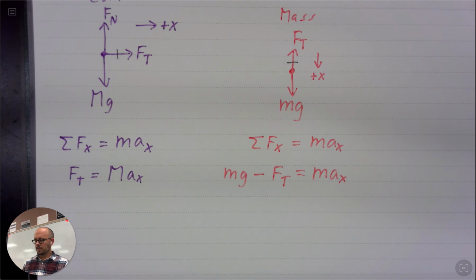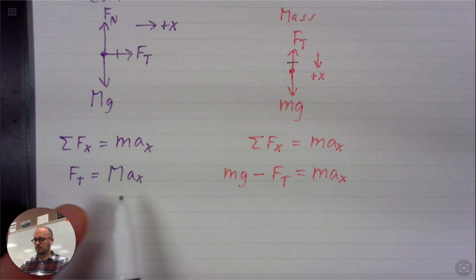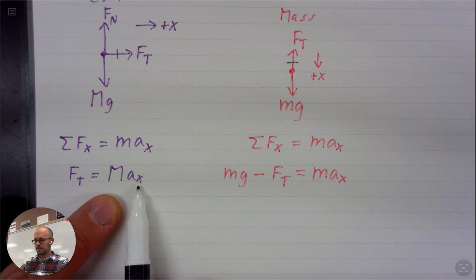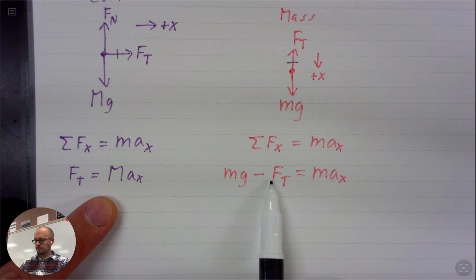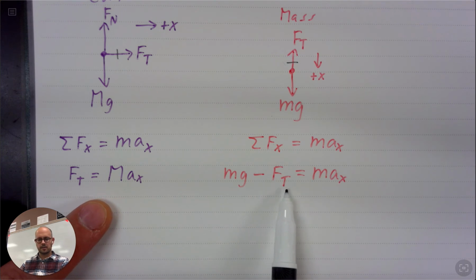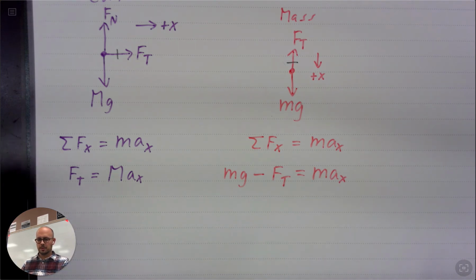You can substitute, which will work wonderfully in this equation, or you can add equations together. So you can say, okay, tension equals big M times ax. So I can put big M times ax in here and solve, and I'll be good.